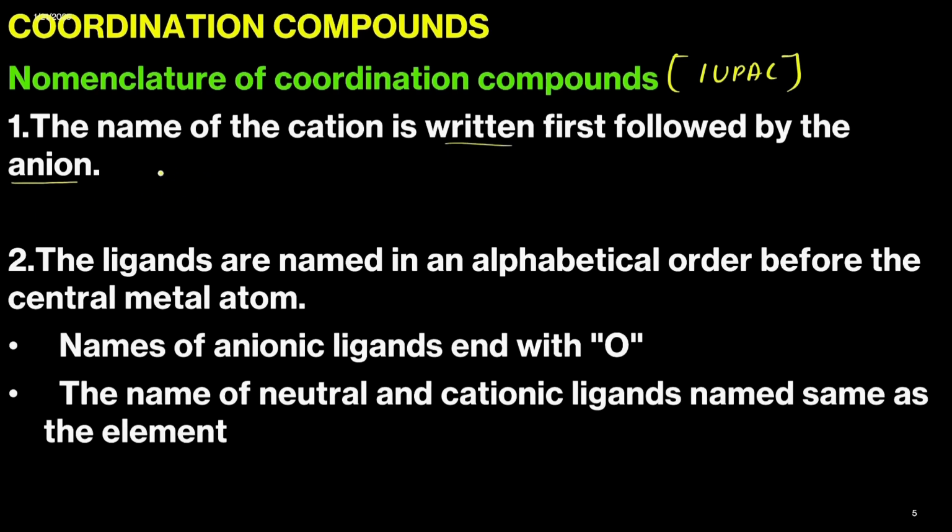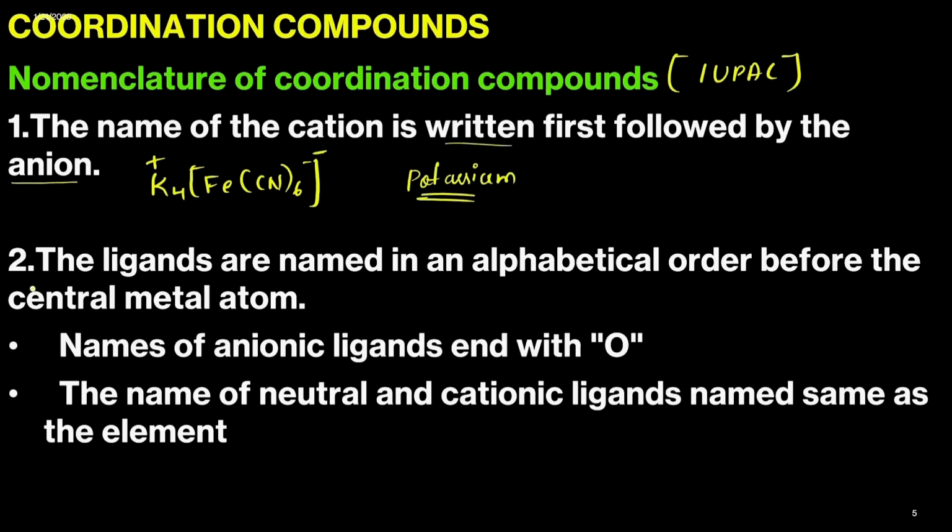If you take the coordination compound K4[Fe(CN)6], we know that potassium will be having positive charge. The charge of the cation is balanced by the charge of anion. Now, which is the cation? Potassium is the cation, so the name of the cation should be written first. So you have to write potassium first.